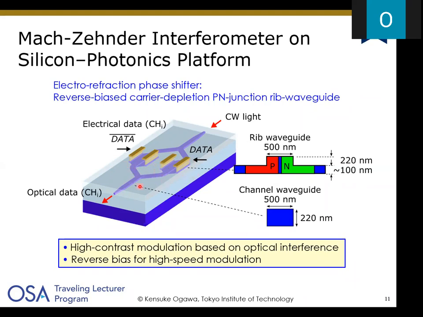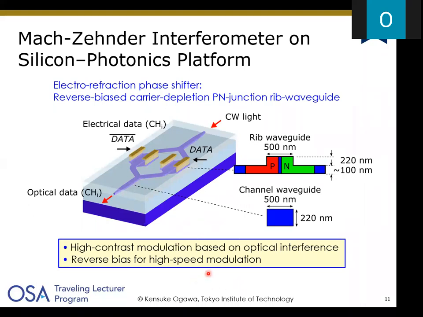So basically the Mach-Zehnder interferometer modulator generates a phase shift, so phase modulation. And if you combine this with a 1/2 coupler, you can generate intensity modulation or phase modulation as well. This modulator is designed to realize high contrast modulation based on optical interference. So on and off with high contrast and high quality phase modulation is possible.